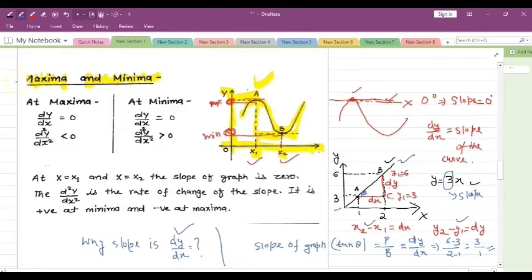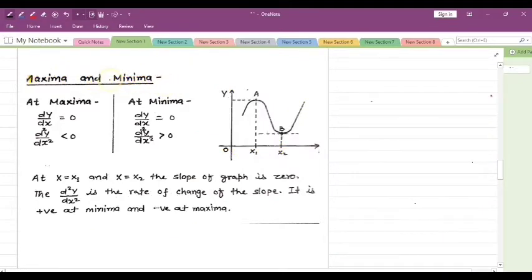So here we have one more thing, called maxima and minima. This is a new concept. Now try to understand what it is. In the maxima and minima concept, we have to tell where our curve will give the maximum value and at which point our curve or graph will give the minimum value.